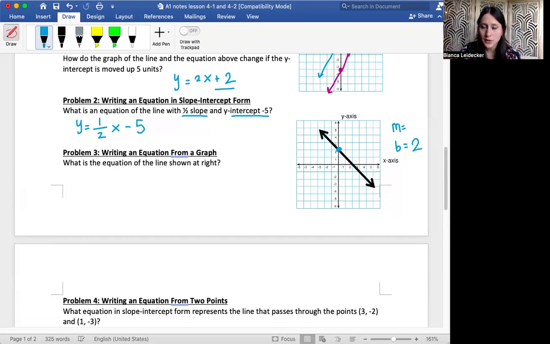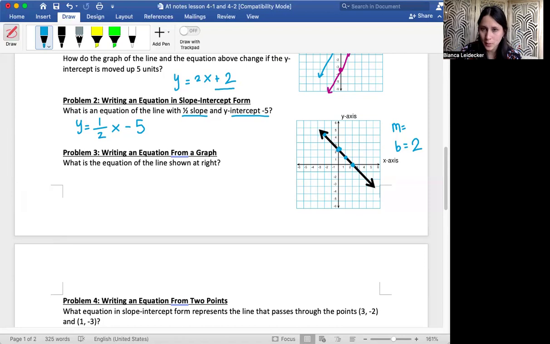And the slope, I'm literally going to pick 2 points on my line that are easily identifiable. I could pick a point here, I could pick a point here, but these are all really easily identifiable points. And I'm going to just count and look at the movement, the rise over run from one point to another.